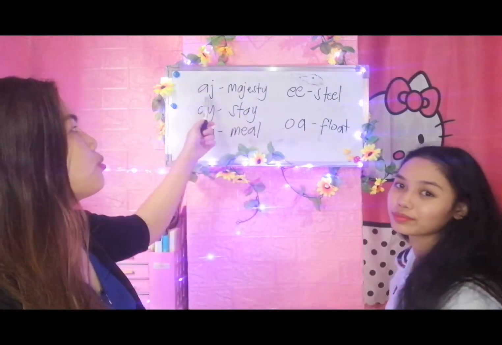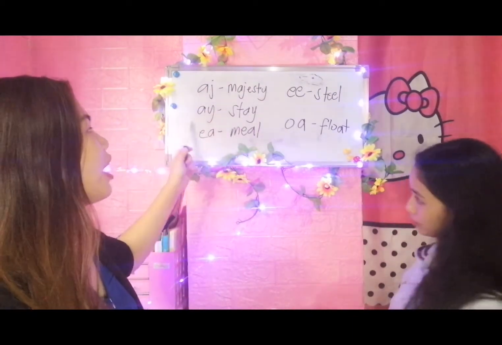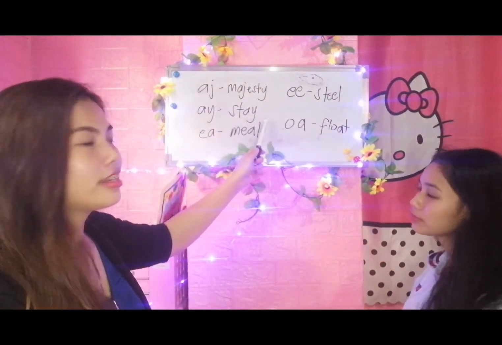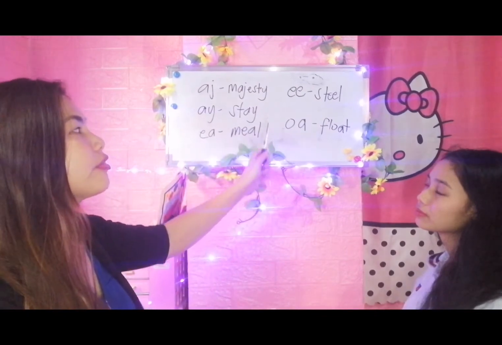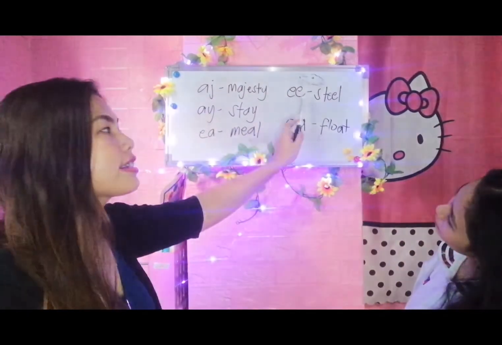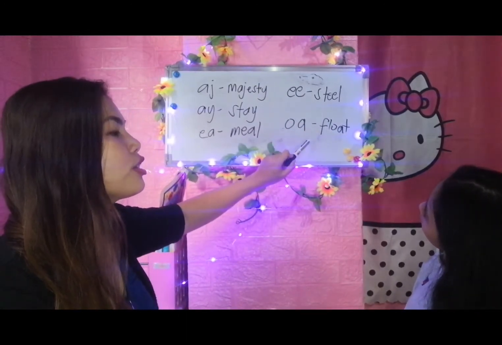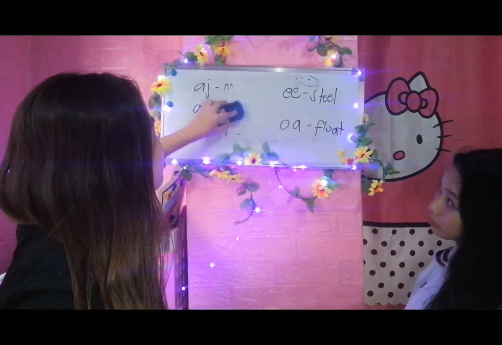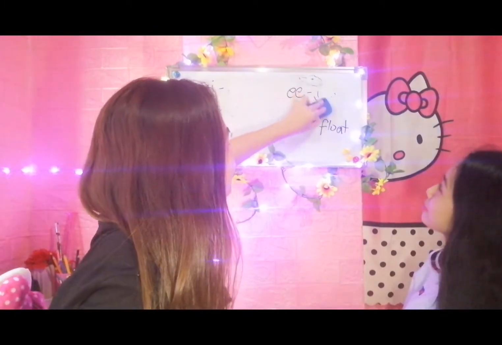So this one, AI, is maid. In AY, stay. In EA, meal. In EE, seed. In OA, it is float. So now, could you give us an example for each vowel letter pair?